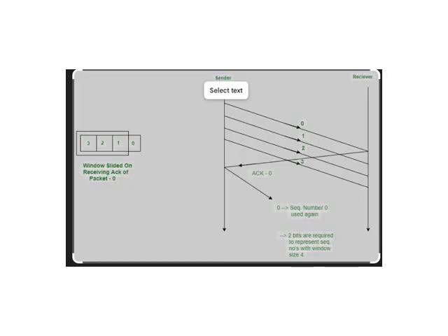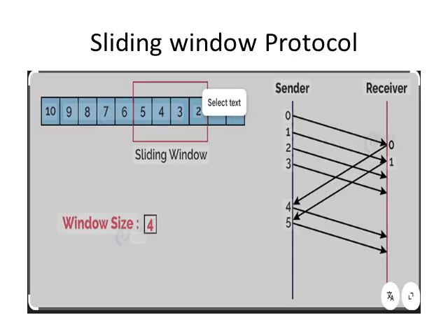Here the window size is 4. So frames 0, 1, 2, 3 are in the sender's sliding window. Here 4 frames are being transmitted at a time, and we are receiving the acknowledgement for the 0th frame, that is sequence number 0, after which the 4th frame will also be sent.